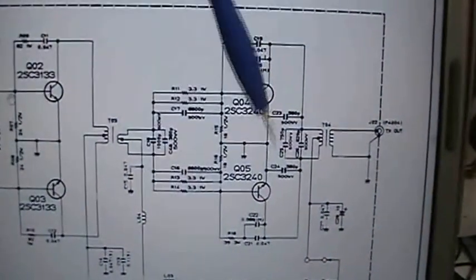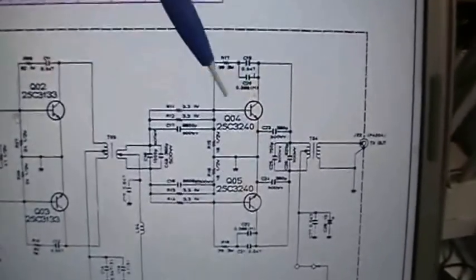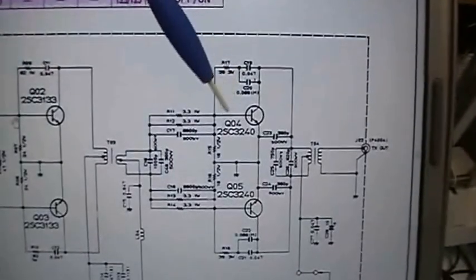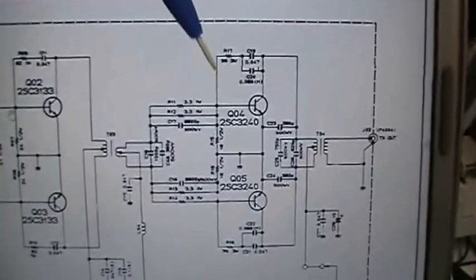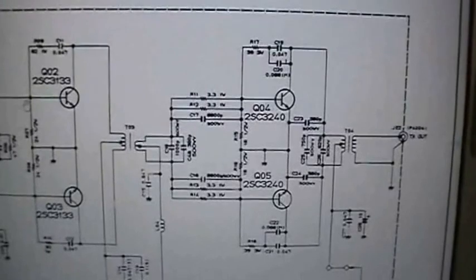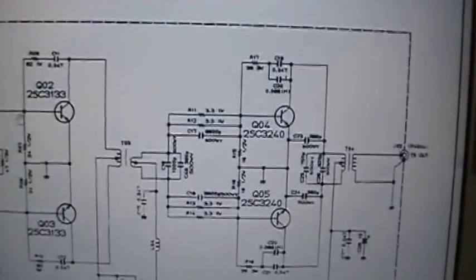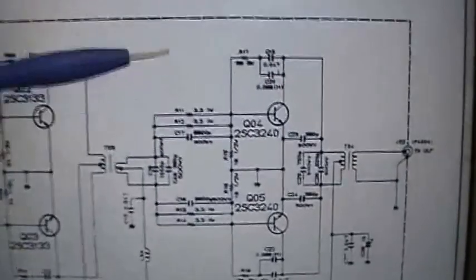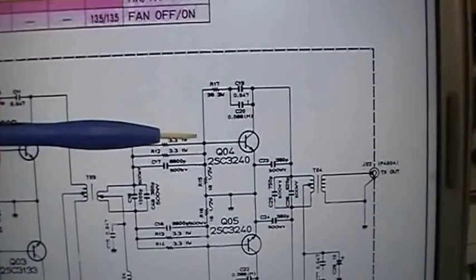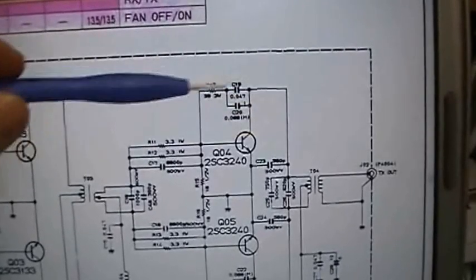These two transistors are the power amplifier, and a very well-known fixing possibility is to put a little coil between the base of the transistor and the lead to the collector.